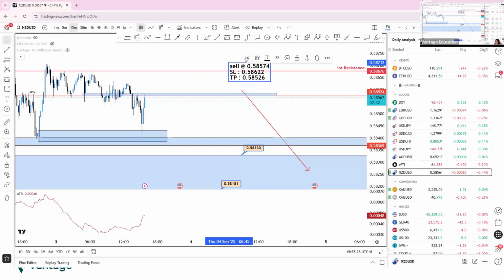So basically, I just get the ATR from this number, and I put plus and minus.